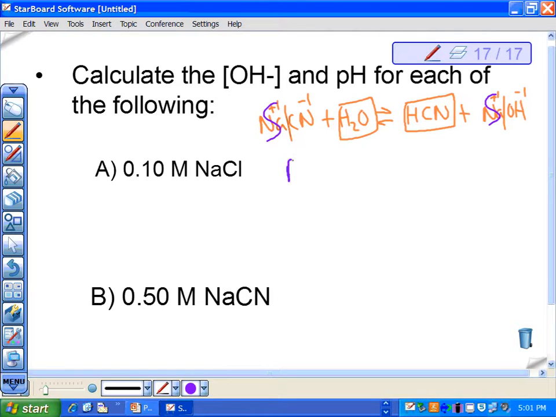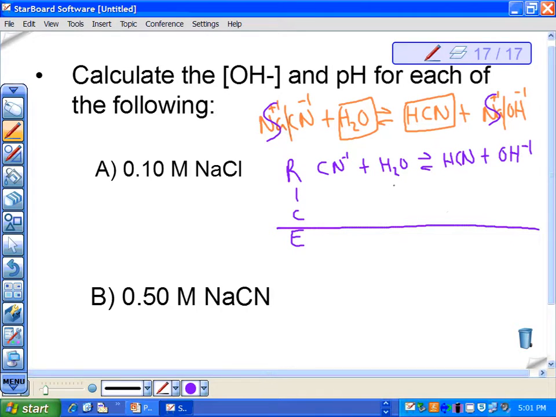So when we get ready to RICE this guy, we actually have CN minus plus water makes HCN plus OH minus. Now the water we don't care about. The sodium cyanide was 0.5, so 0.5 molar. In the beginning this is 0. So you're going to have minus x, plus x, plus x: 0.5 minus x, x, and x.